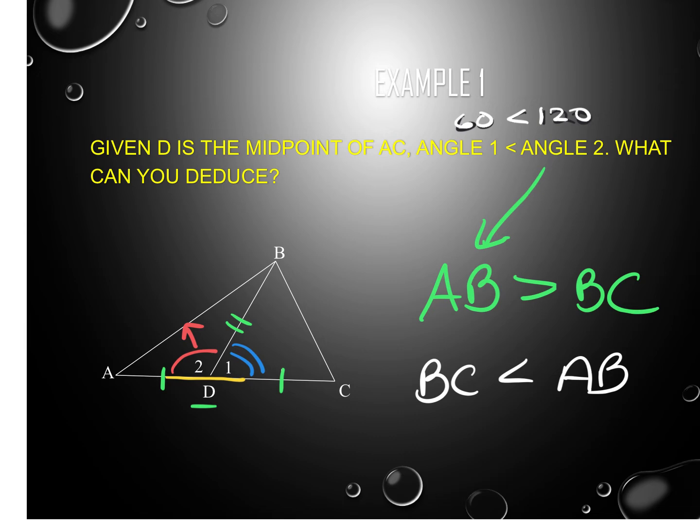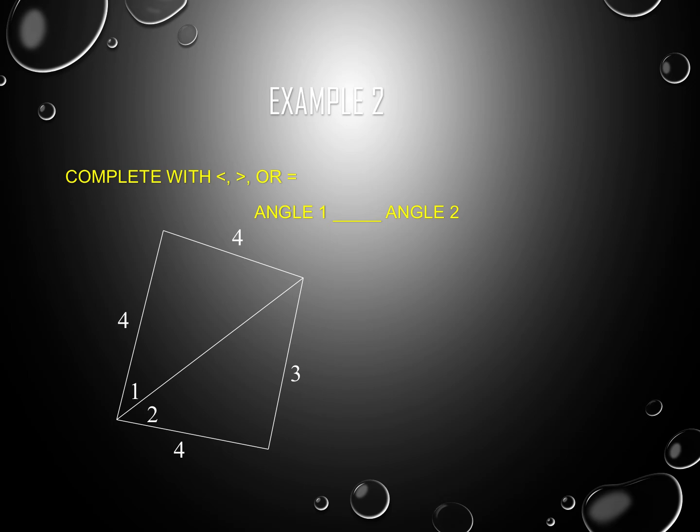We're going to use the converse of the hinge theorem on example 2, because notice this time they're giving us side lengths. So in order to figure out, obviously there's only two angles here that are marked, angle 1 and 2, but the way that we would check to see if we could use the converse of the hinge is that this side is congruent to this, and this one is congruent here, reflexive.